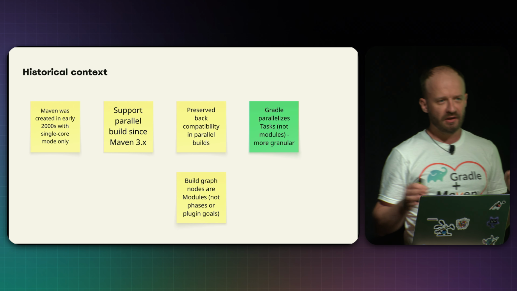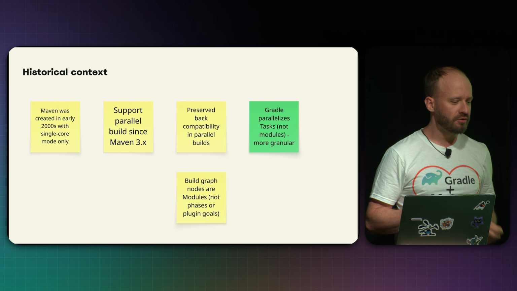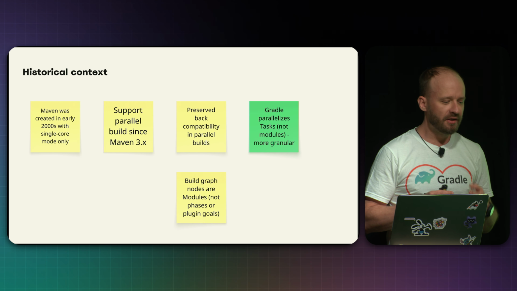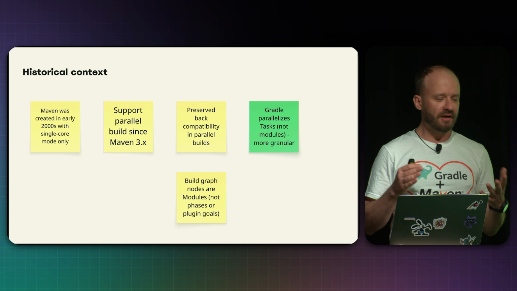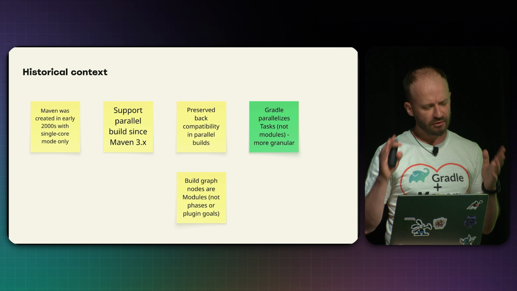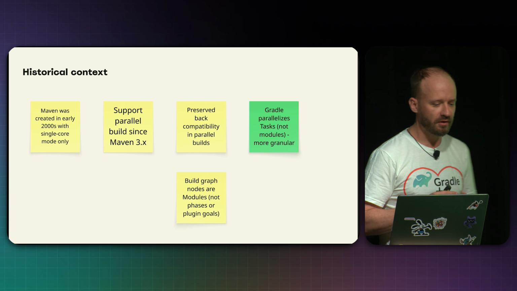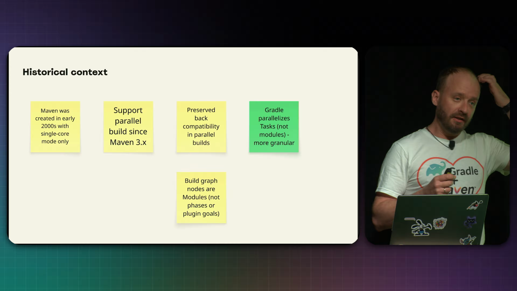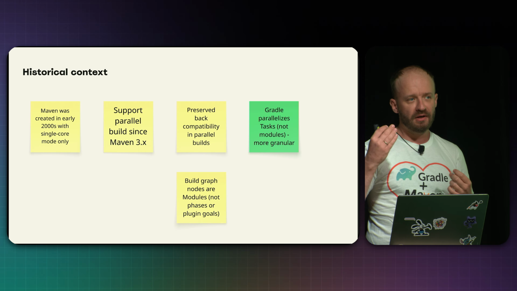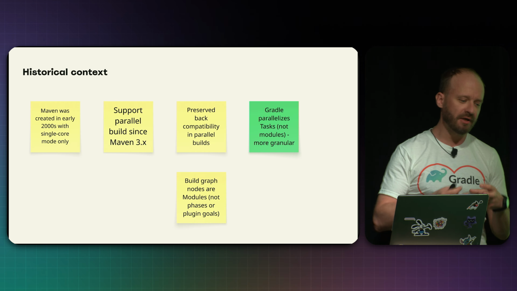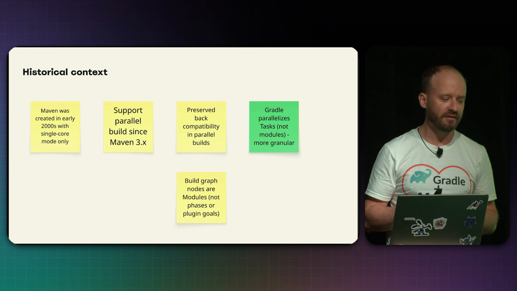So some historical context. Maven was introduced more than 20 years ago, when we had only single core CPUs, and it got parallel build support only in the 3rd generation. When it was introduced, Maven authors had to preserve some kind of backward compatibility and not break their builds.